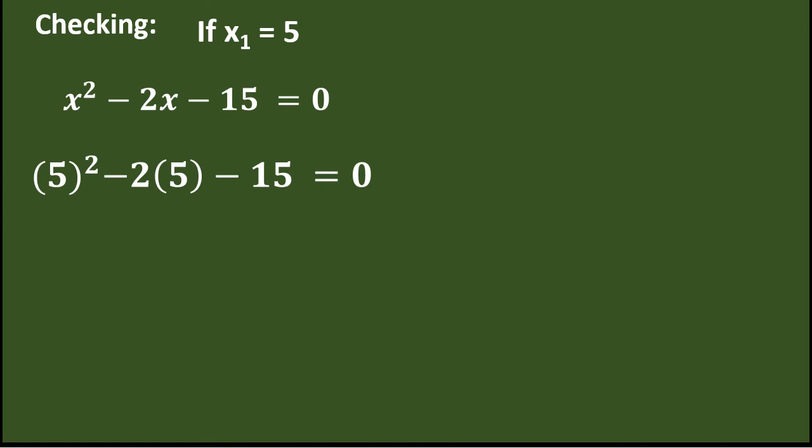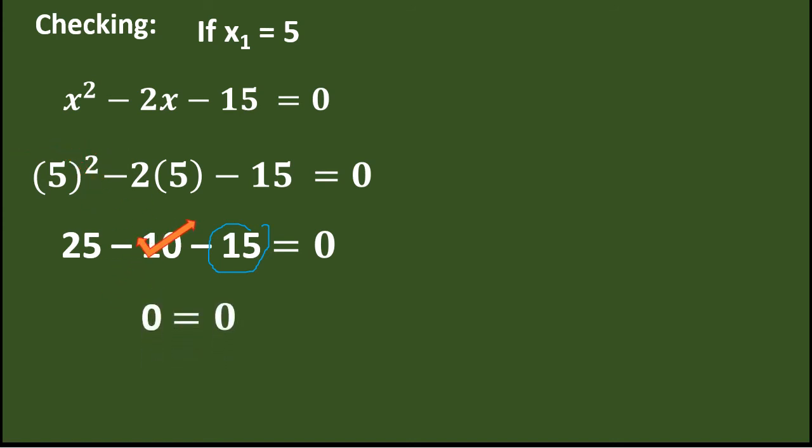Negative 2 times 5 is negative 10, and bring down negative 15. So we have 25 minus 10 minus 15. The answer is 0, because 25 minus 10 is 15, minus 15, we have 0. So 0 is equal to 0. Therefore, we are going to accept 5 as a solution in this quadratic equation.